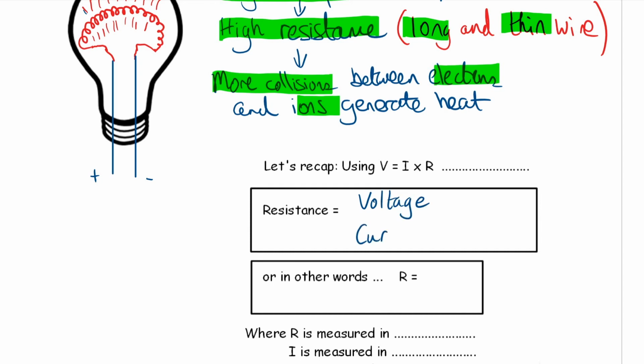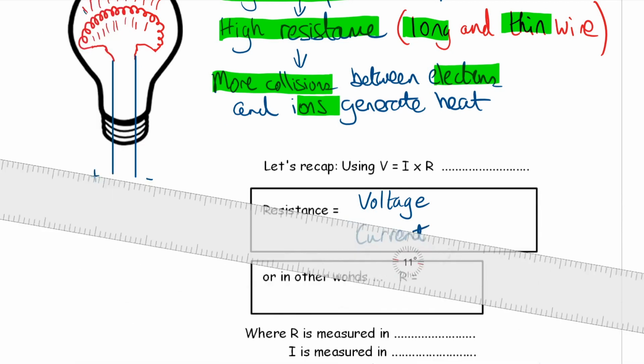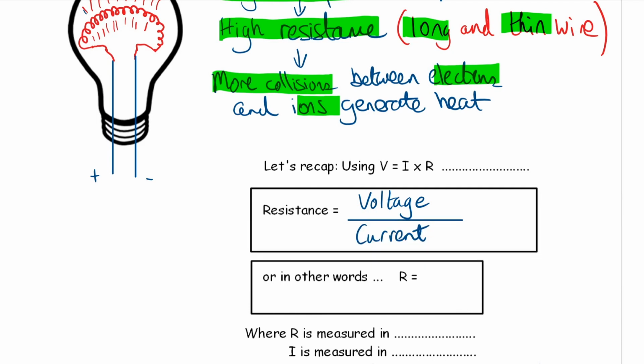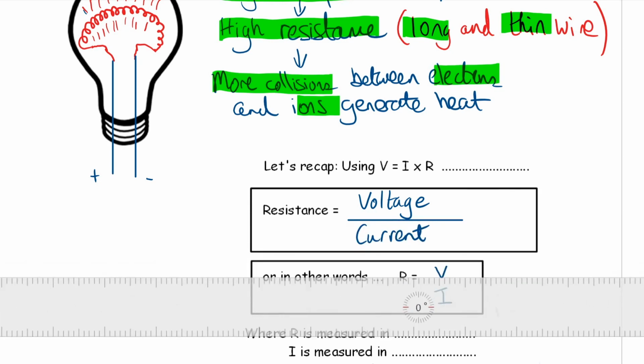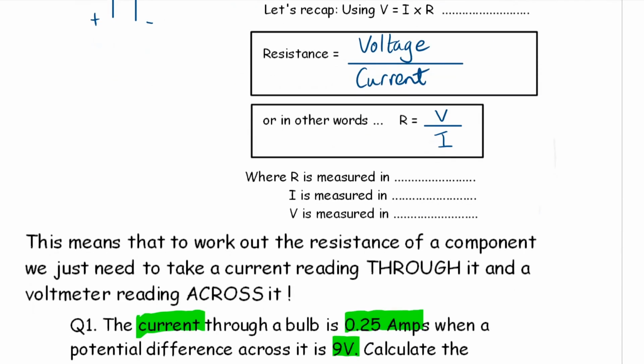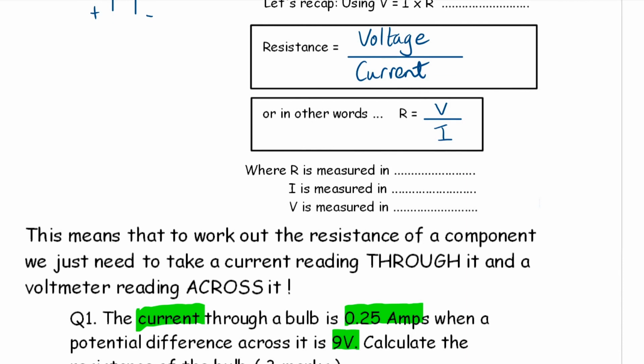Nothing new here. Remember, you're given the equations in the exam. Resistance is voltage over current. Good practice to use a ruler. Or in other words, V over I. The symbol for voltage is V. The symbol for current is I. Where R is measured in ohms, I is measured in amps, and V is measured in volts.